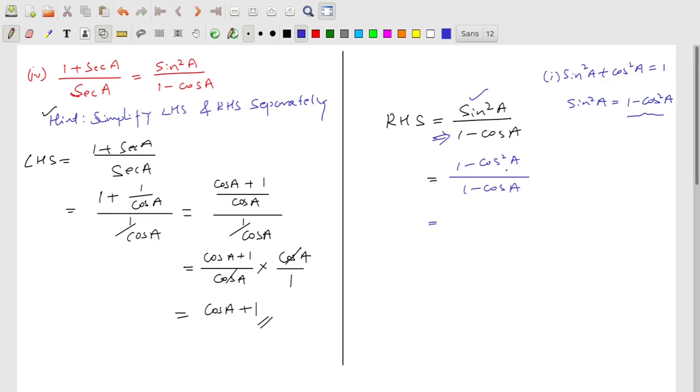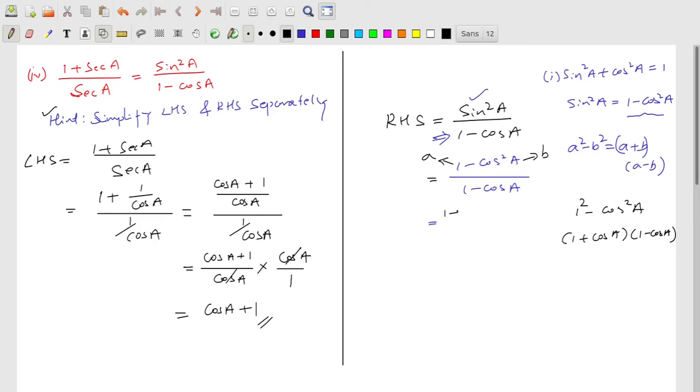We need to use an algebraic identity: A square minus B square is equal to (A plus B) into (A minus B). Take 1 as A and cos A as B. Then this can be written as 1 square minus cos square A, which is (1 plus cos A) into (1 minus cos A).